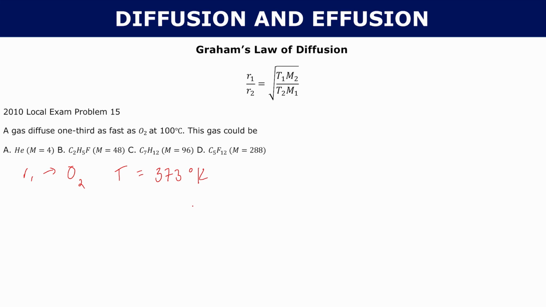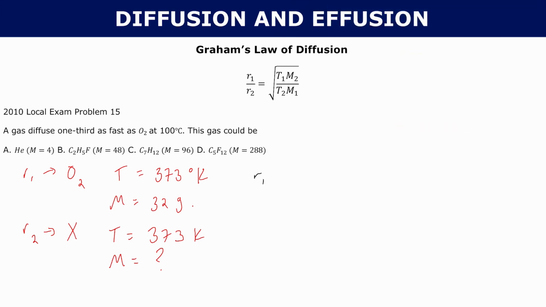And we know that the molar mass is going to be 32 grams. R2 is going to be our mystery gas, so let's just name it X. We know that the temperature is going to be the same as the oxygen, so it's going to be 373 Kelvin. But we don't know the molar mass because we don't know what the gas itself is.